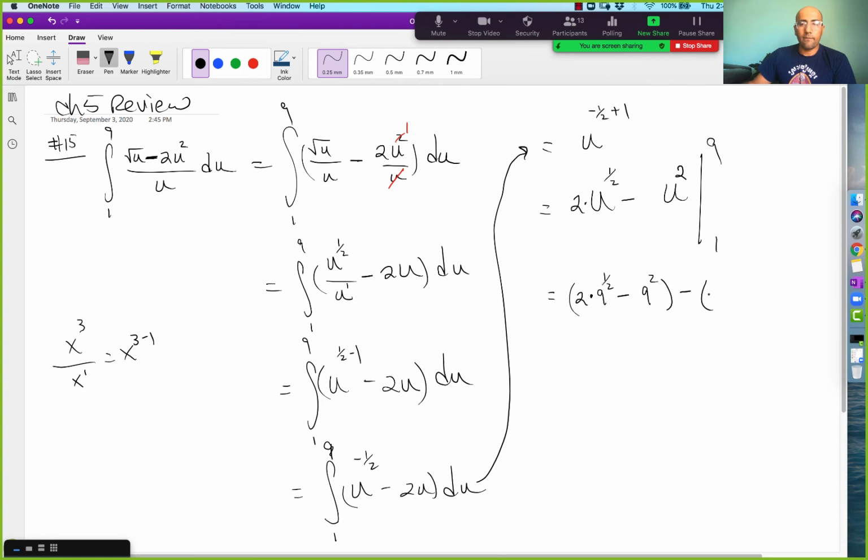Correct. Yeah. When we take derivatives, we subtract one from the exponent. So when we're taking antiderivatives, we add one to the exponent, right? And a lot of it is guessing and checking. You think of a function that might work and then check it, because taking derivatives just always feels more intuitive.